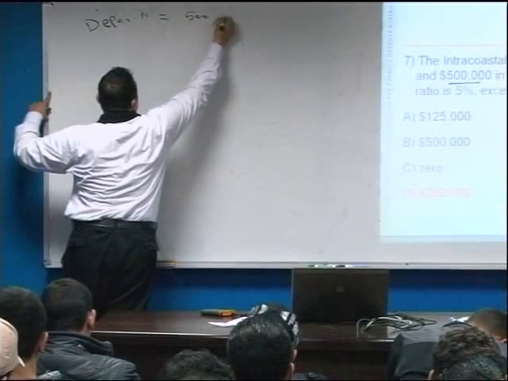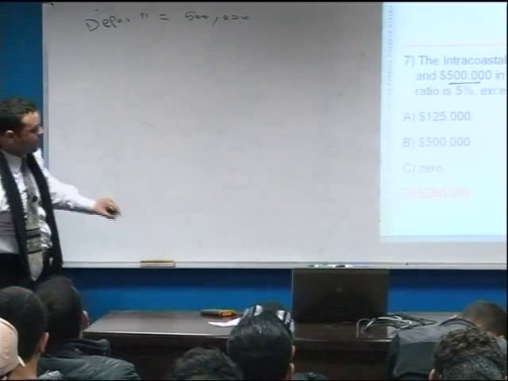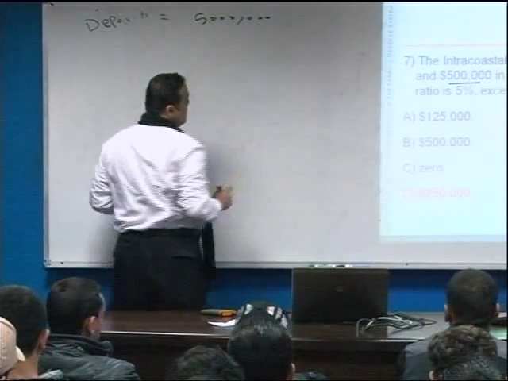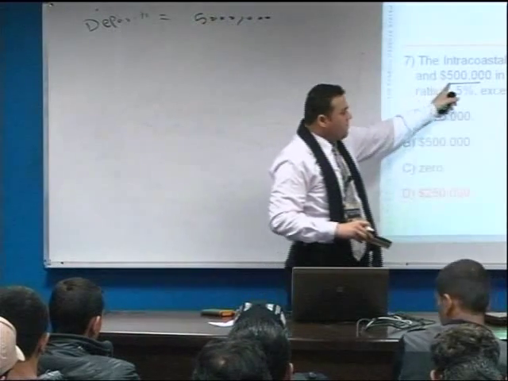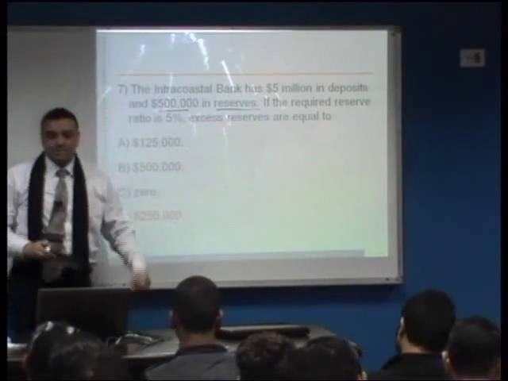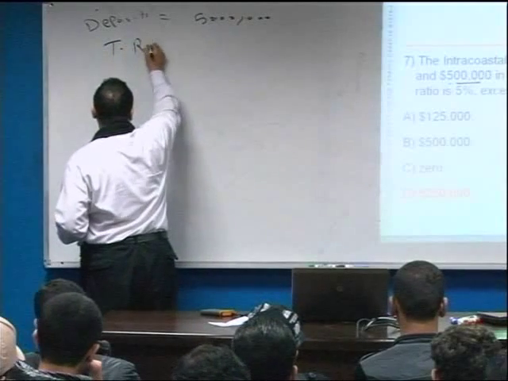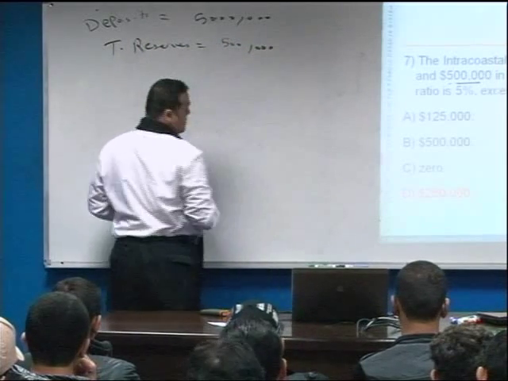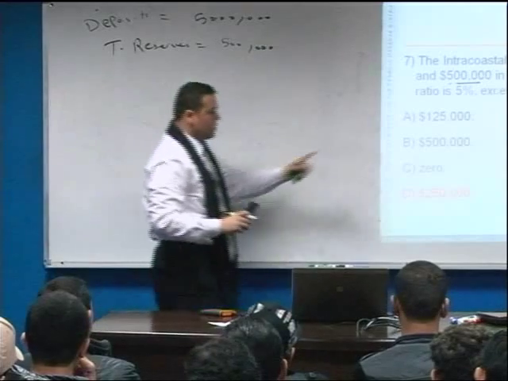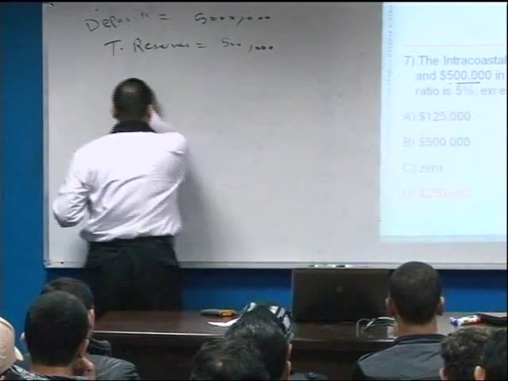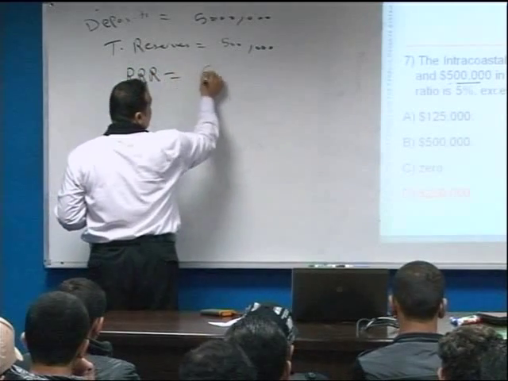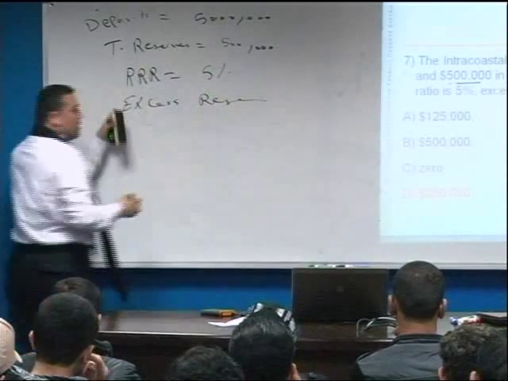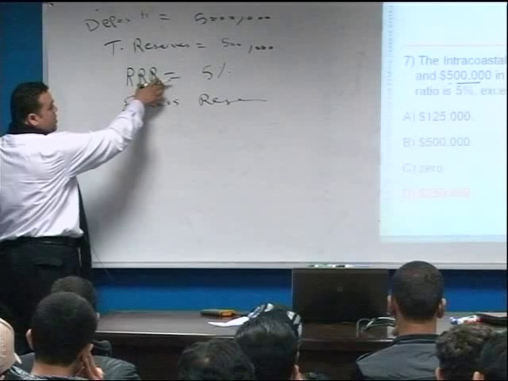The total reserves are 500,000. If the required reserve ratio equals 5%, so RRR equals 5%, how much is the excess reserve? For the excess reserve, we need to find the required reserve first and then subtract it.